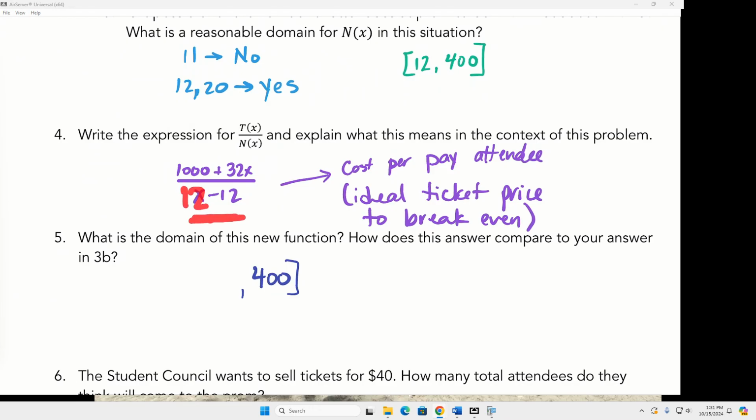What happens in the denominator? 0. We can't have that. So you can write this one of two ways. You can use a 12 but do a parentheses, or because I heard someone saying a partial person can't go to the prom, you could say 13 to 400. It doesn't matter. I don't care. But you cannot include 12 for this situation.